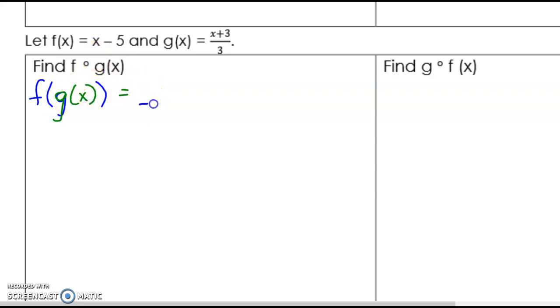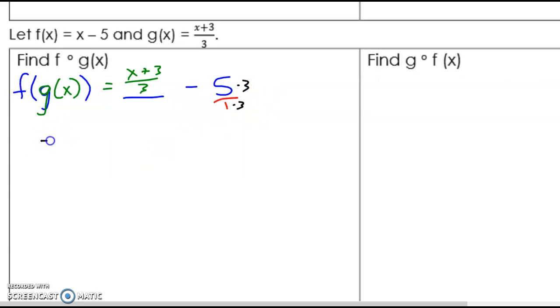So the f equation is our big equation, and again we're plugging in the g of x. Okay, so how would I simplify this? So if you want to combine these, you want to get a common denominator. So we can put the 5 over 1, and our common denominator would be 3. So times 3 and times 3.